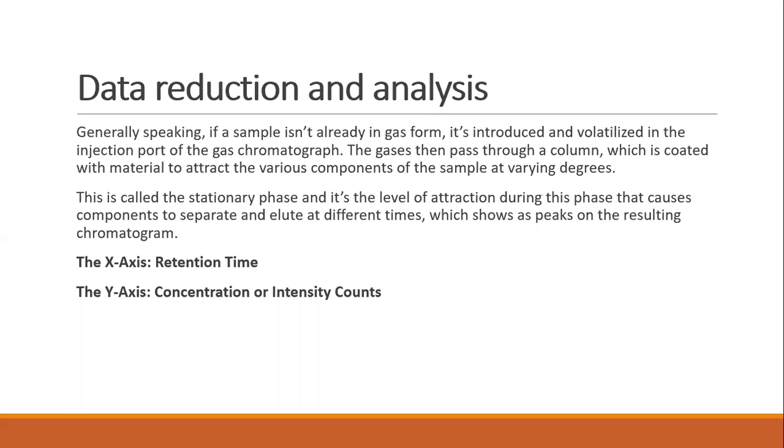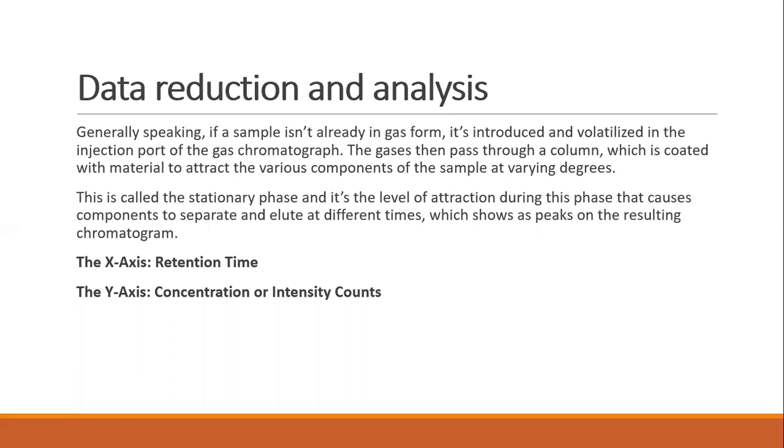The gases then pass through a column which is coated with material to attract the various components of the sample at varying degrees. This is called the stationary phase, and it's the level of attraction during this phase that causes components to separate and elute at different times, which shows as peaks on the resulting chromatogram.